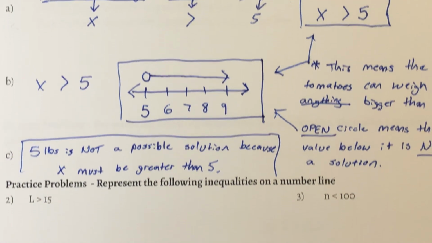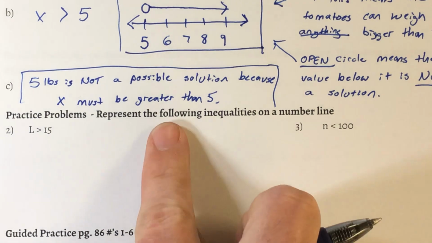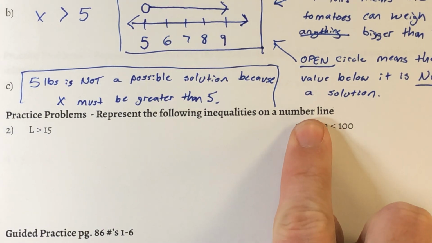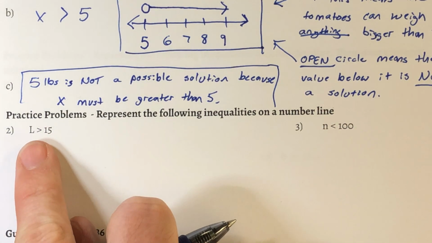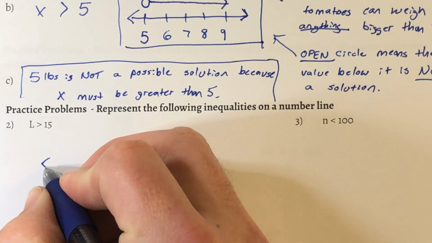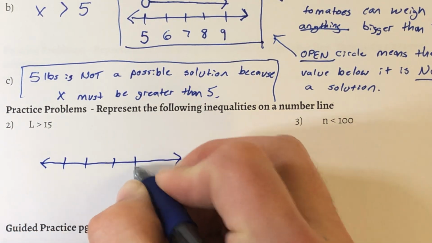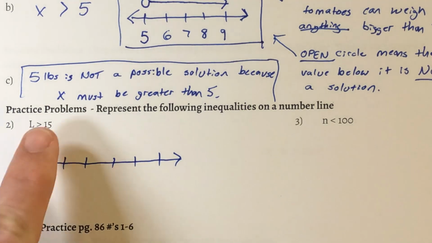All right, next, we're just going to do a couple basic practice problems with representing inequalities on a number line. So our first one, we're going to show L is greater than 15. So first step, draw a number line that can hold about 5 numbers. Next step, determine where your number goes.